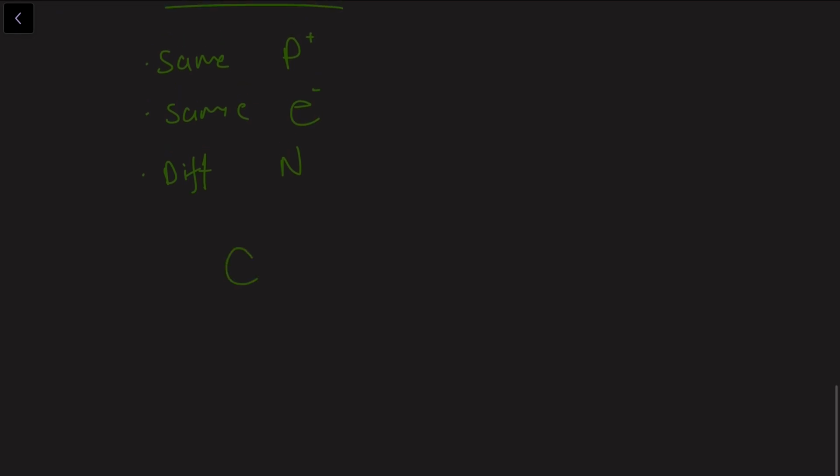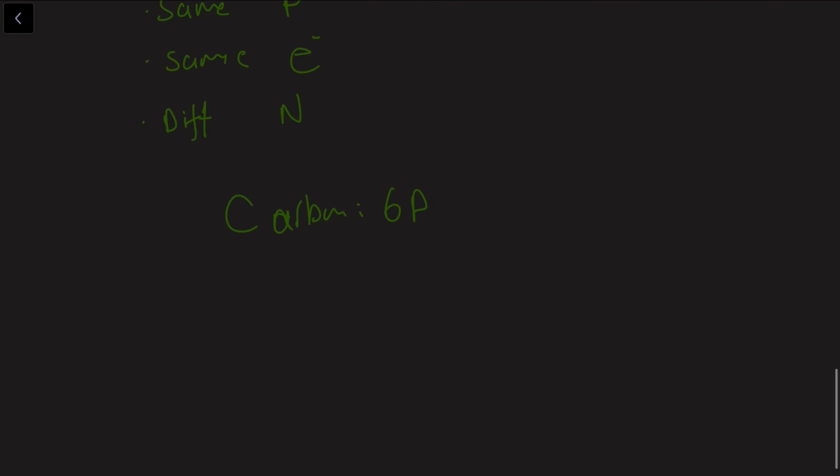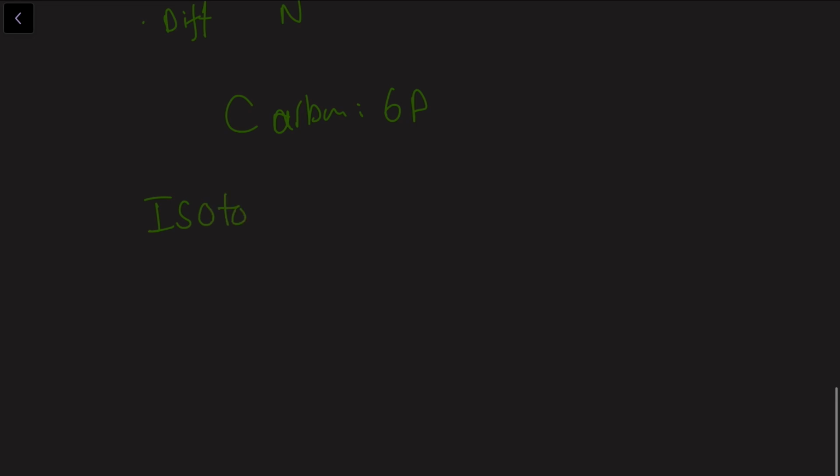Obviously, carbon has 6 protons. So we can write that just like that very easily, in shorthand for the video. So the actual definition, which you need to know, is that isotopes are different atoms with the same number of protons but a different number of neutrons.